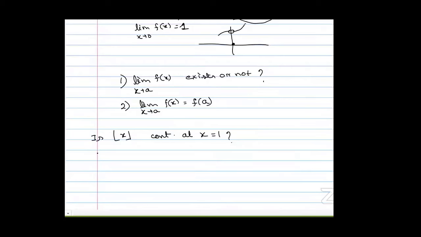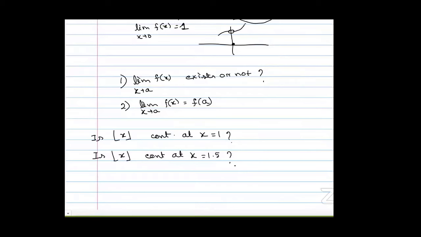But if I change this question, is floor x continuous at x equal to 1.5? Yes, it will be. Why? The left hand limit is equal to the right hand limit. And what are both the limits? 1. Exactly.